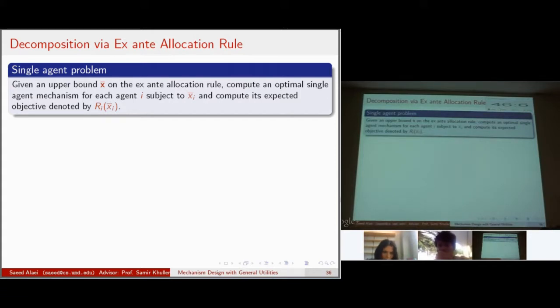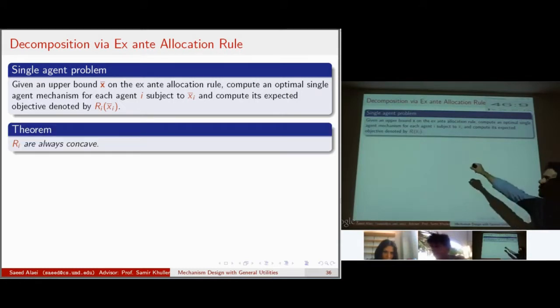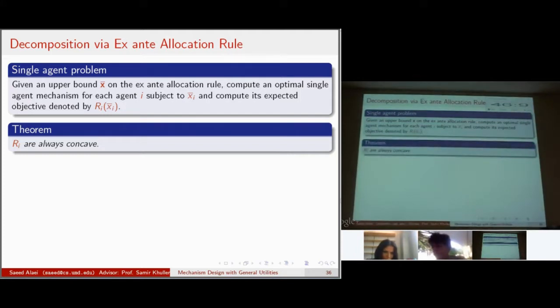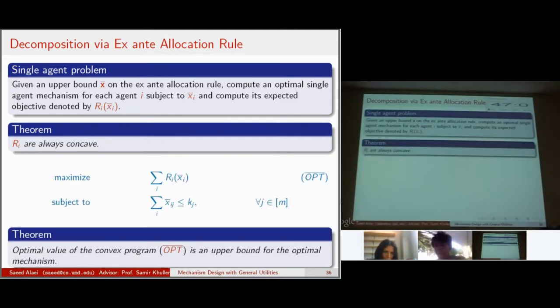The main idea is that the single agent problem is defined as follows. If I give you an upper bound on the ex-ante allocation rule, you're supposed to compute a single agent mechanism subject to that upper bound, and also compute the optimal performance of the mechanism subject to that upper bound. And again, we show that these revenue functions are always concave regardless of the specific problem you're looking at.